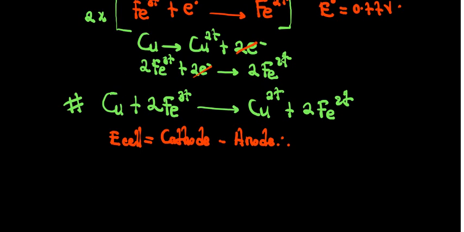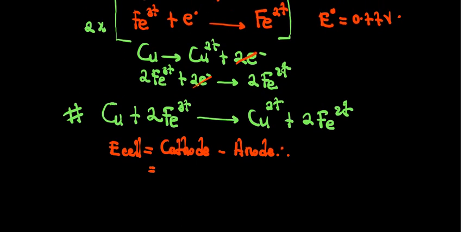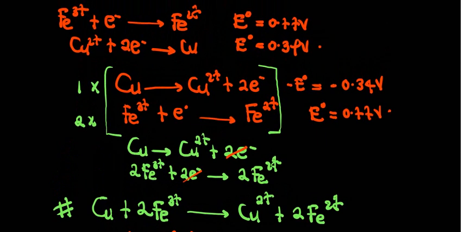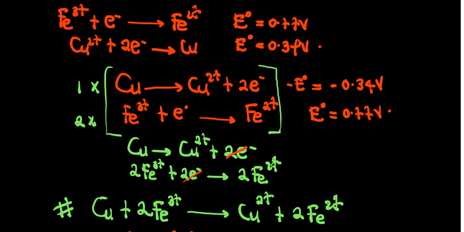So we want to find out which one was undergoing reduction and which one was undergoing oxidation. But initially, we knew that these half reactions that were given here were both reduced. By reduction, I mean the first half reaction for iron was reduced, and the second half reaction for copper was also reduced.